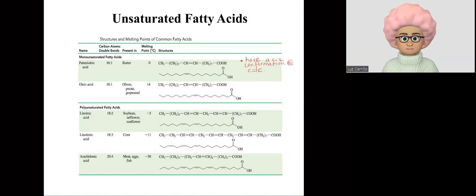And you can see it, all of these unsaturated fatty acids have a cis conformation on that carbon-carbon double bond. So what this suggests is that in nature, that is the preferred structure for unsaturated fatty acids.